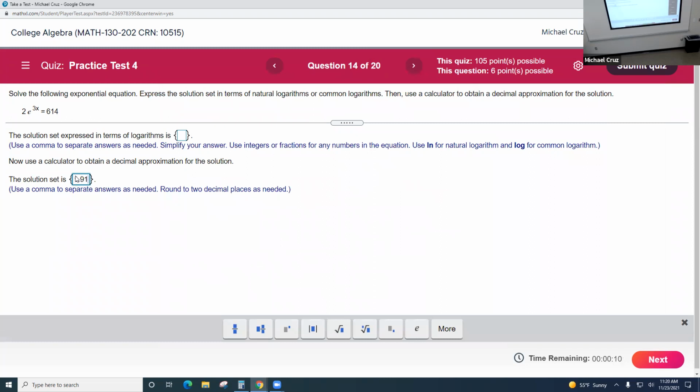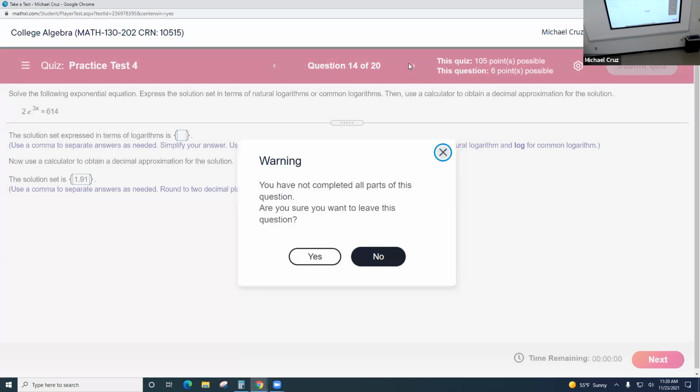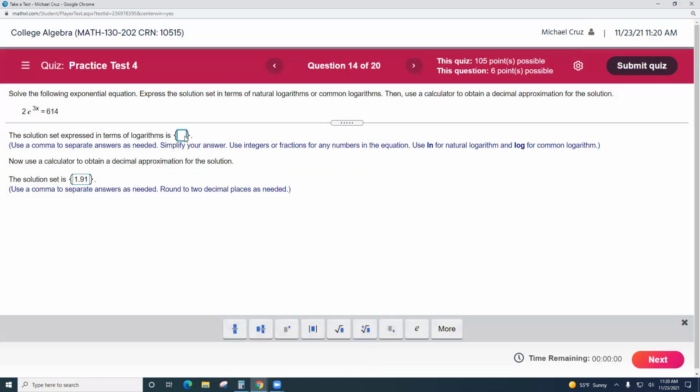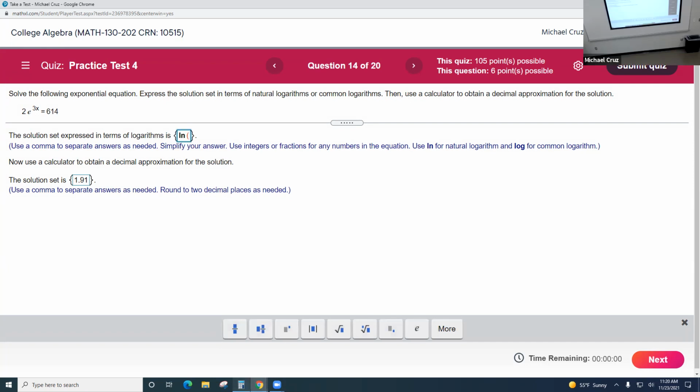Any questions? No. Oh, how do they want it? Oh, okay. The solution set, yeah, would be the ln of 307 over 3.